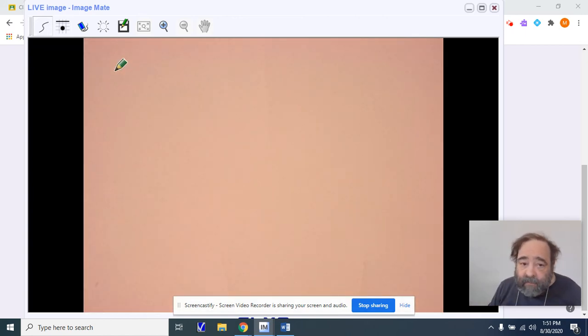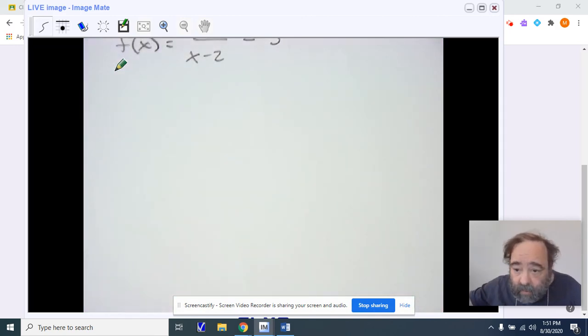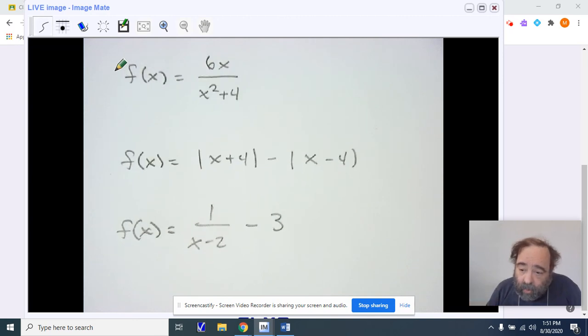So be aware, finding an inverse requires that we graph it, and from our graph, we discern whether the vertical or horizontal line test works or not. If it does, an inverse exists. If it does not, an inverse does not exist unless we restrict the domain.